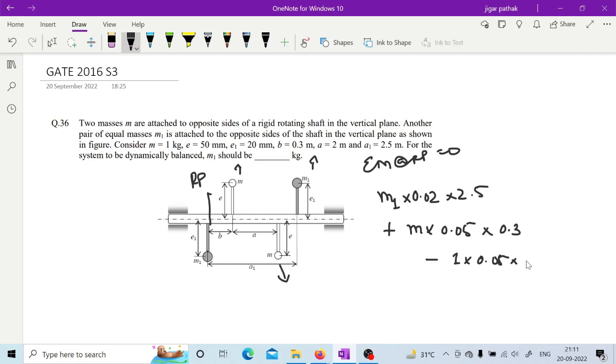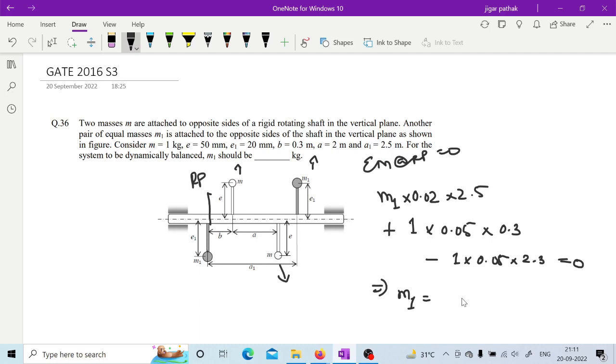In this you are provided the value of M, that is 1 kg, right? So the only unknown is M1. You can quickly calculate M1 from this. Yes or no? So what is M1? M1 is 2 kg, sir. Yes, so M1 will be 2 kg.